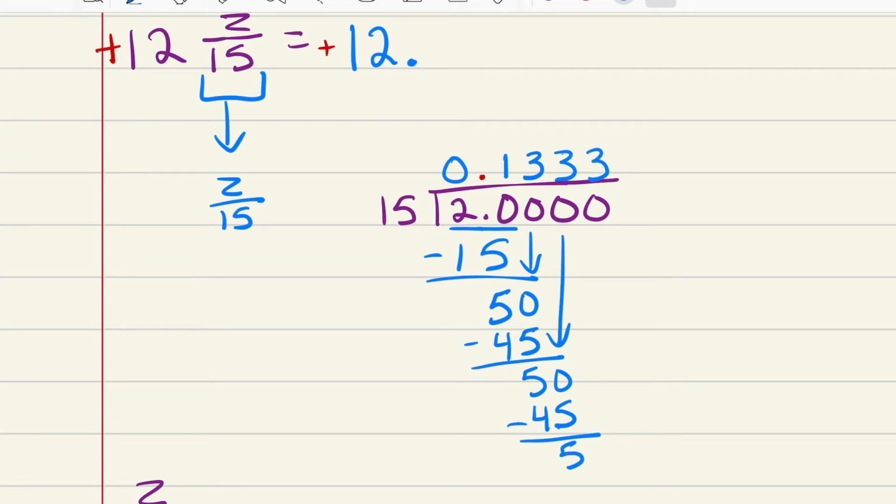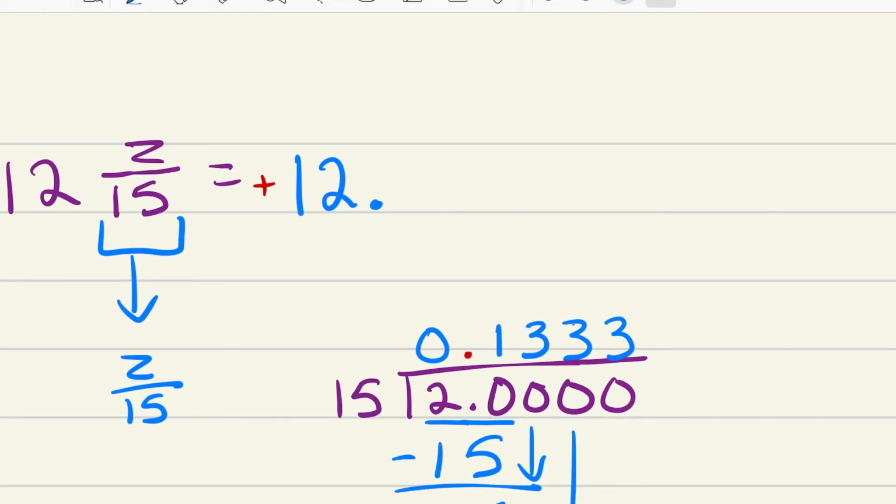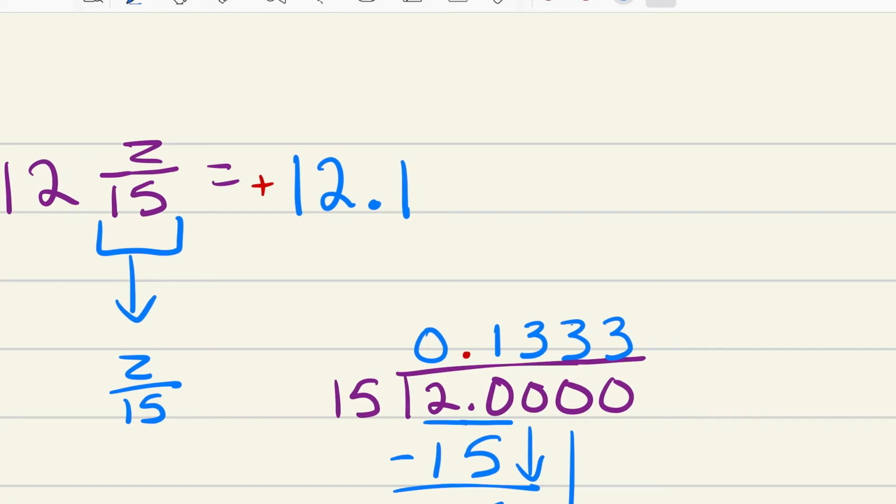So how we're going to write this answer, we have to be very careful with our repeating sign because the 1 does not repeat, but the 3 does. So our final answer will be 12 and our decimals and 13 hundredths with our 3 repeating.